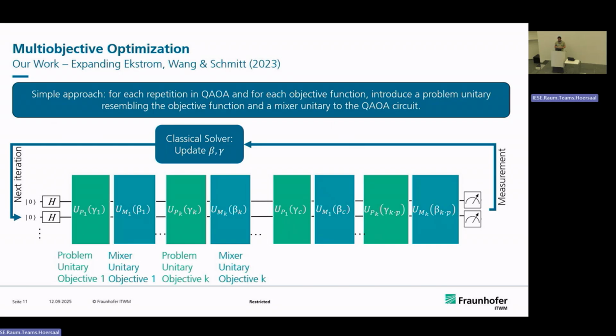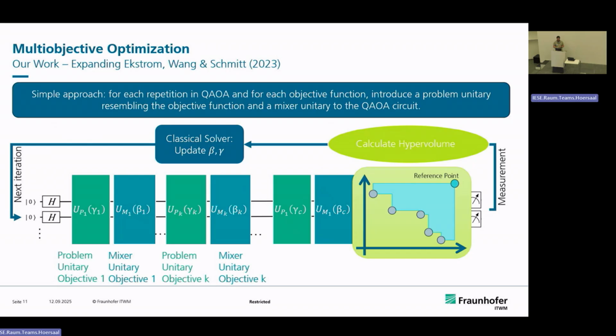But one question is, okay, the measurement here is done, you get the solutions, you evaluate the solution by your multiple objectives, but the classical solver needs a scalar input because it needs to determine how good this circuit is. And for this, there's one existing metric that's stemming also from heuristics, which is the so-called hypervolume.